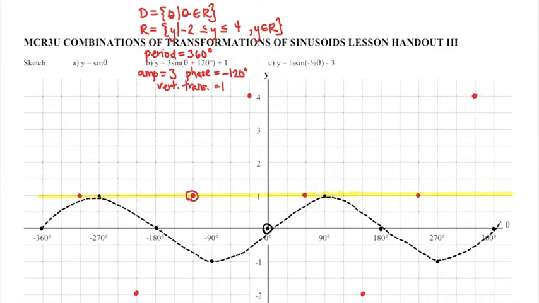From there, you have your starting point, and you've taken care of your vertical translation, your amplitude, and your periods, so now we can go ahead and connect those in a nice curved line. It's not going to be perfect, but you're going to do the best that you can.